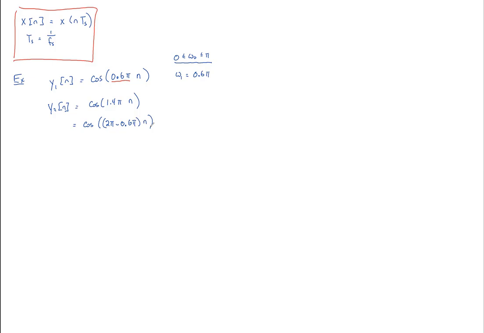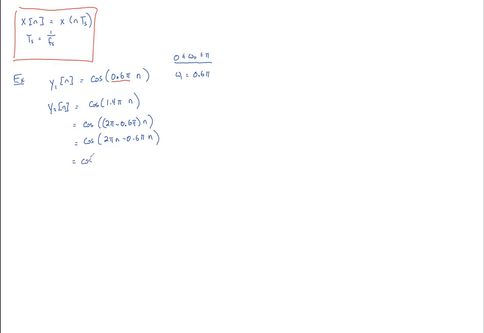The reason why I chose 2 pi is because when I do the subtraction and multiply through here, I get 2 pi n minus 0.6 pi n. And now you know that I can add or subtract any multiple of 2 pi n, and I'm not changing my cosine because it's periodic in 2 pi n.